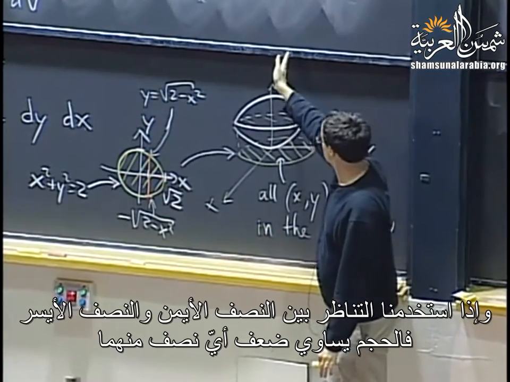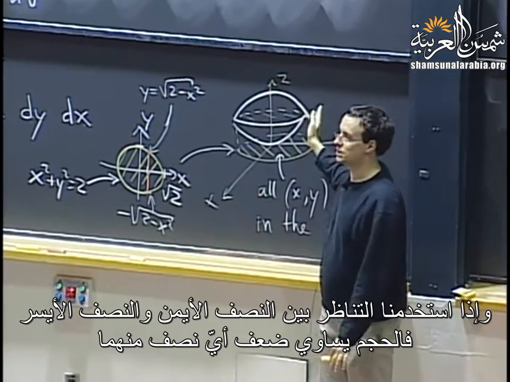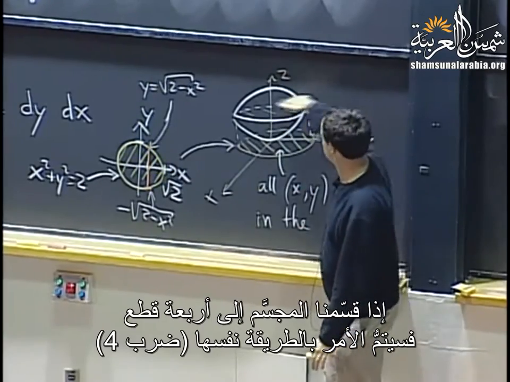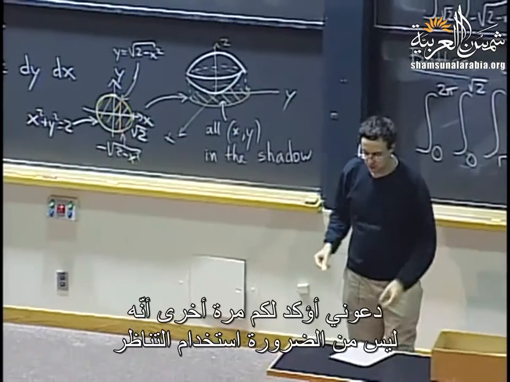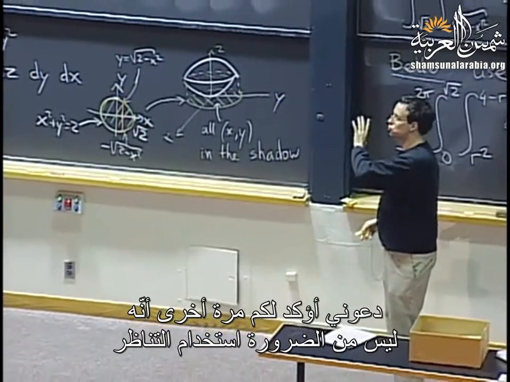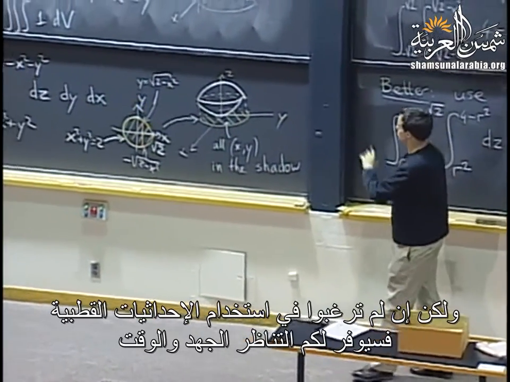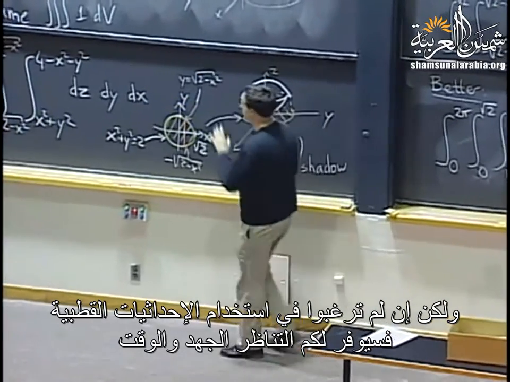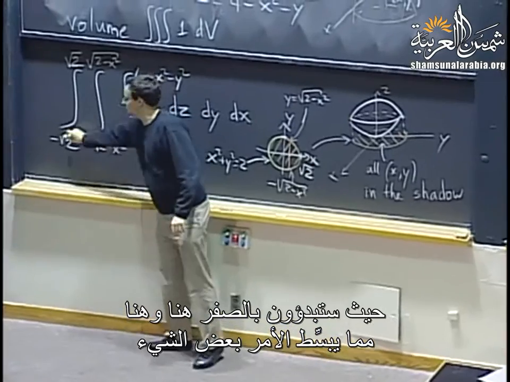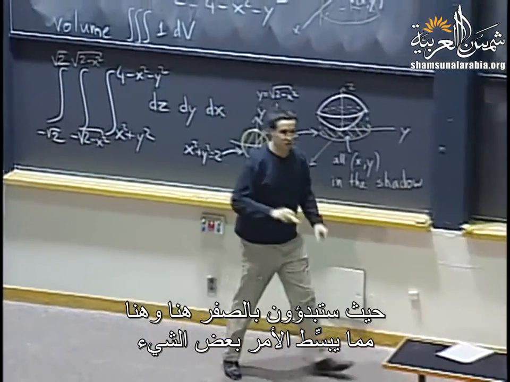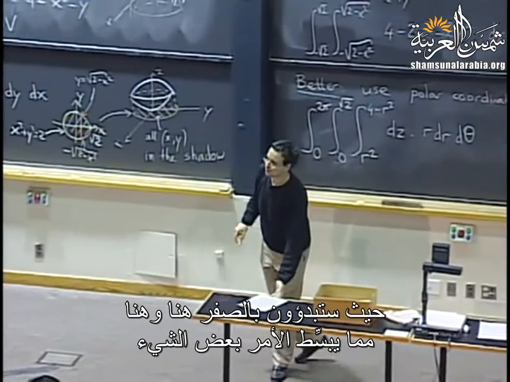If you use the left and right half, you would say it's twice each half. If you cut it into 4 pieces, and so on. Again, you don't have to use the symmetry. If you don't think of using polar coordinates, then it can save you from doing extra work, you can just start at 0 here and simplify things a tiny bit.